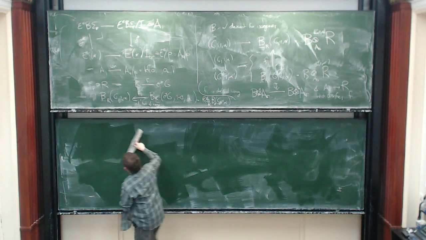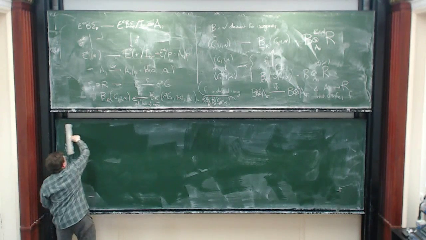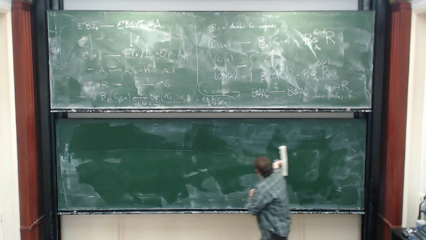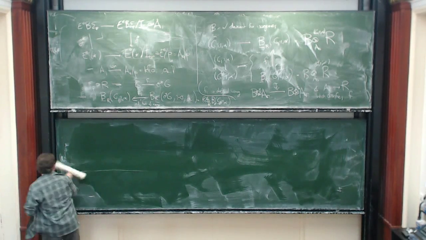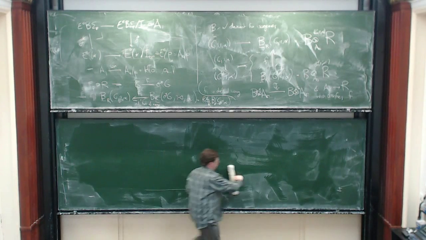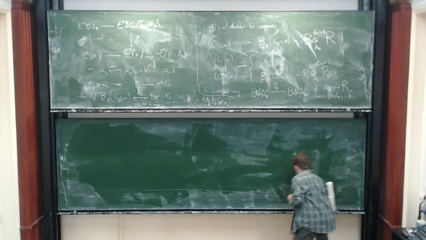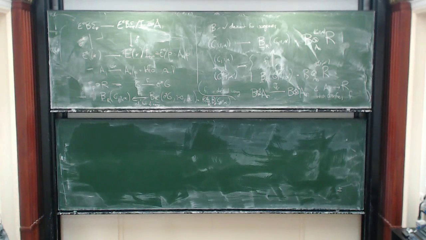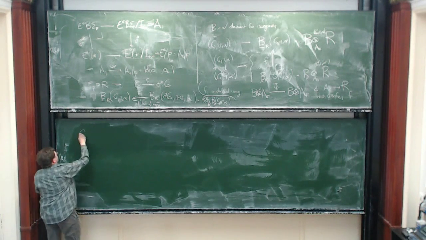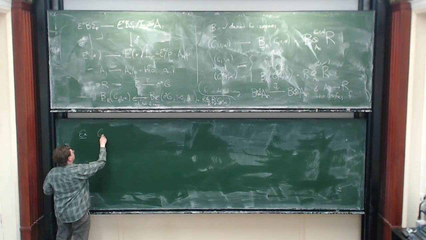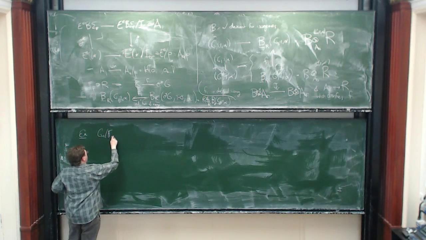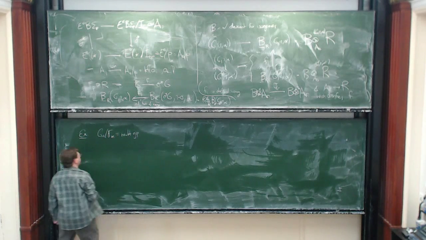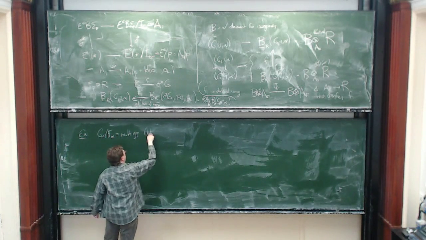So when h is 1, that means no variables. Example: G0, let's say over Fp, is the multiplicative group. That's height 1 for any prime.